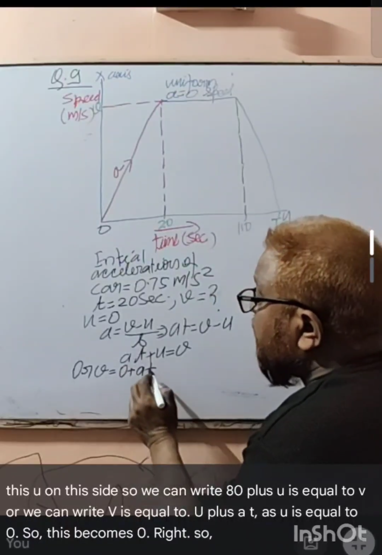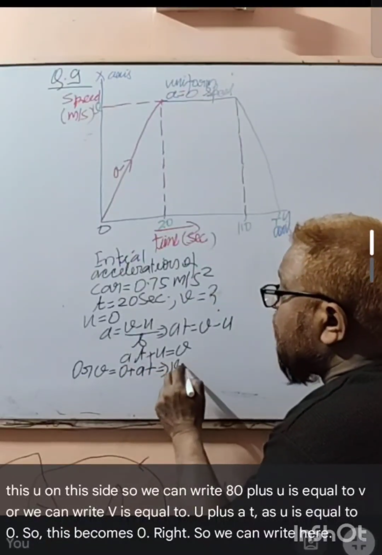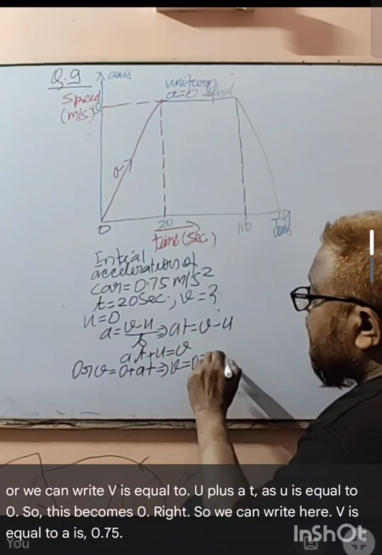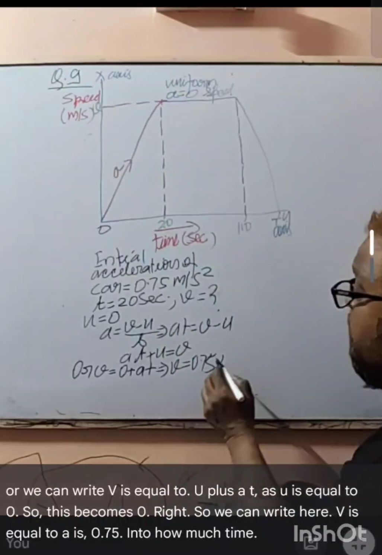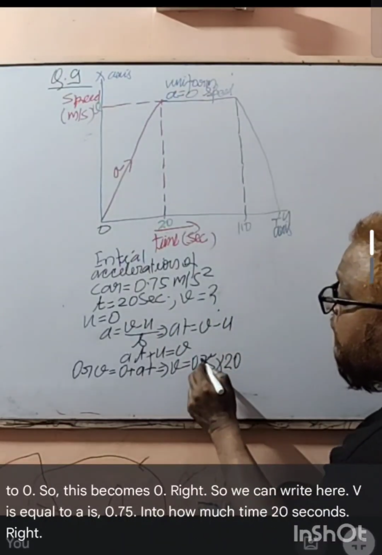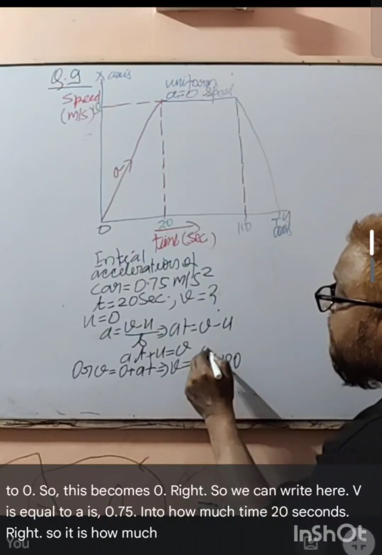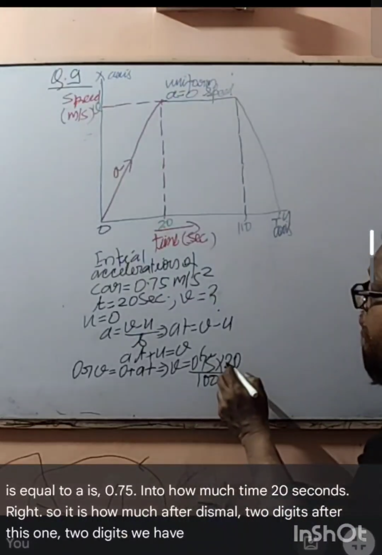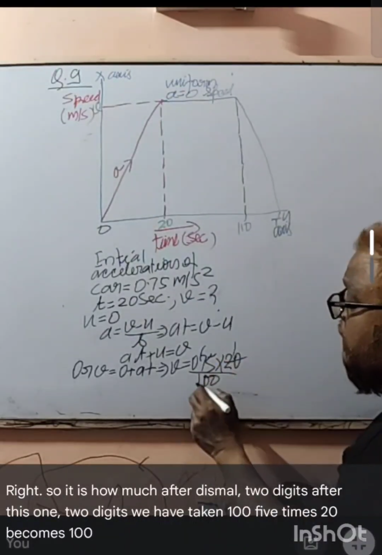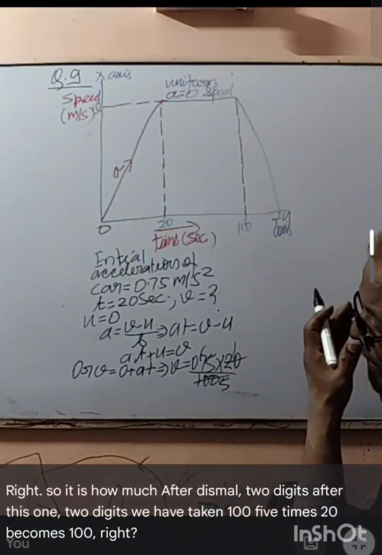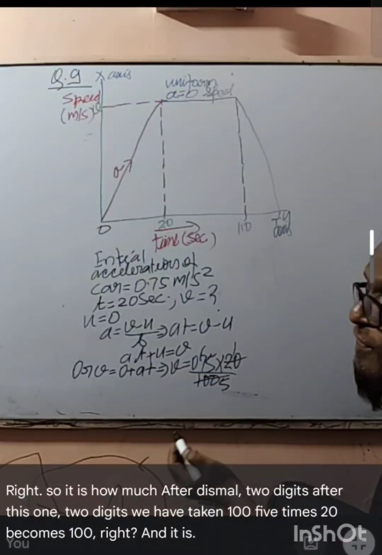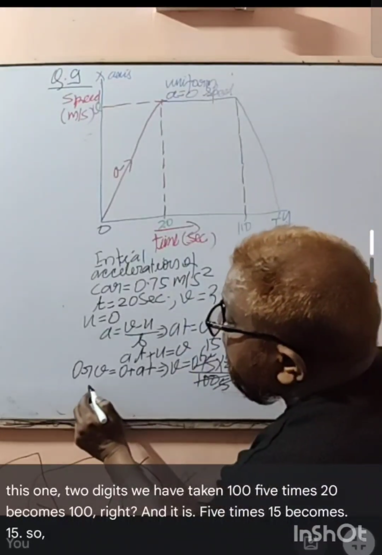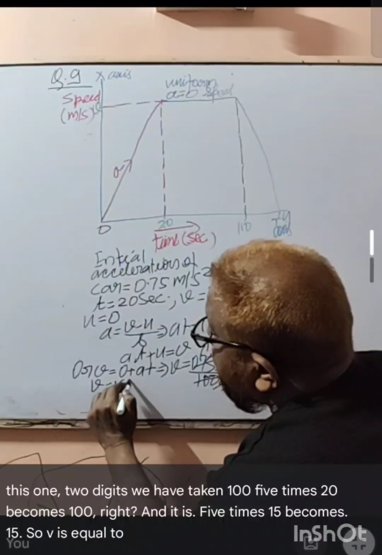So V is equal to 0.75 into 20 seconds. 5 times 20 becomes 100, and 5 times 15 becomes 15. So V is equal to 15 meter per second.